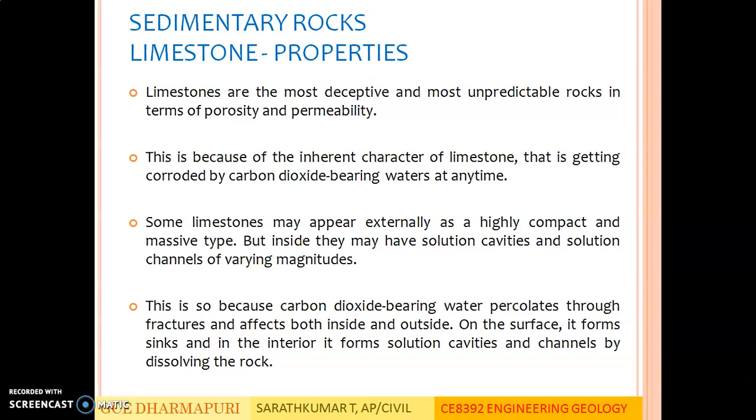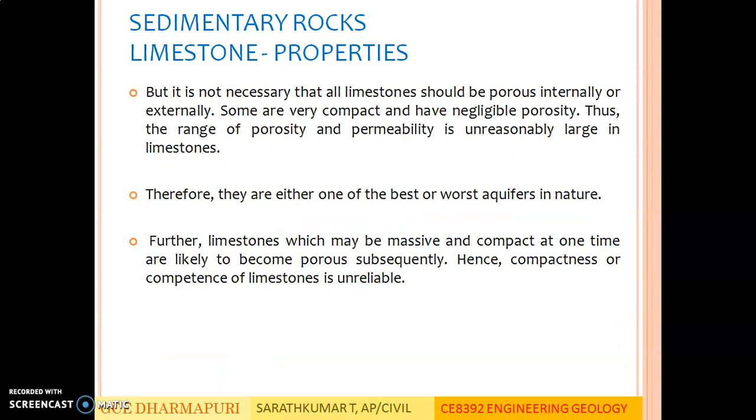Some limestones may appear externally as a highly compact and massive type, but inside they may have solution cavities and solution channels of varying magnitudes. This is so because carbon dioxide bearing waters percolate through fractures and affect both inside and outside. On the surface it forms sinks, and in the interior it forms solution cavities and channels by dissolving the rock.